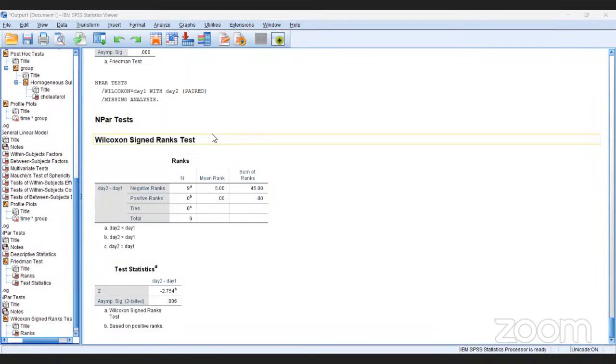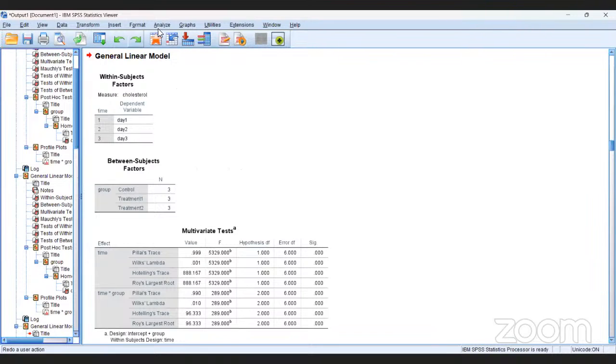So this is important when you will find that the Friedman test is significant. At that time, you can do this test. Otherwise, this is not required.